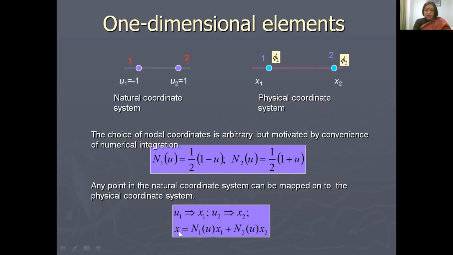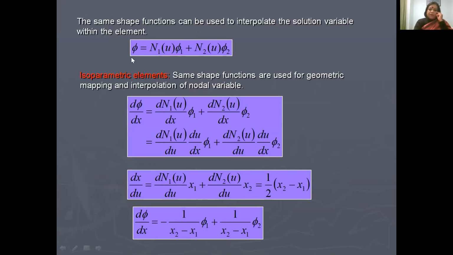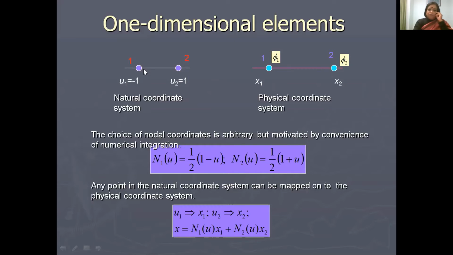Which means for the mapping function, I have x is equal to N1 x1 plus N2 x2. Now this should ring a bell immediately, because if these were not arbitrary mapping functions but shape functions, we would use this interpolation function phi equal to N1 phi1 plus N2 phi2 to define the function phi over this element in the local system.